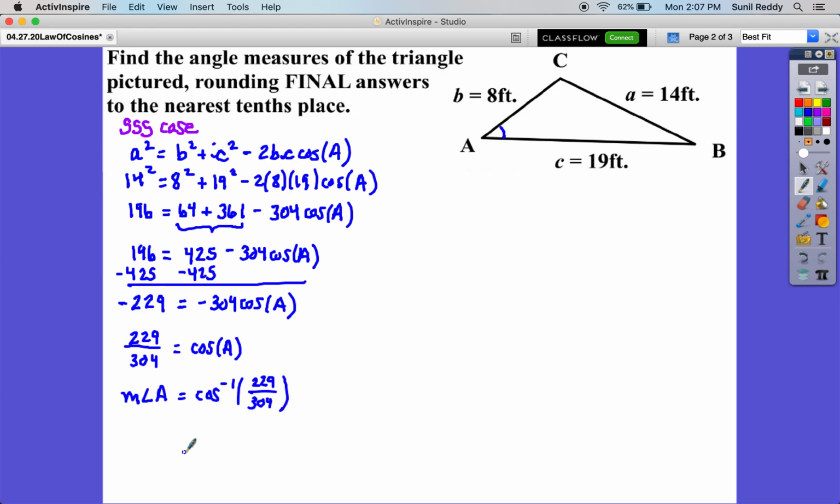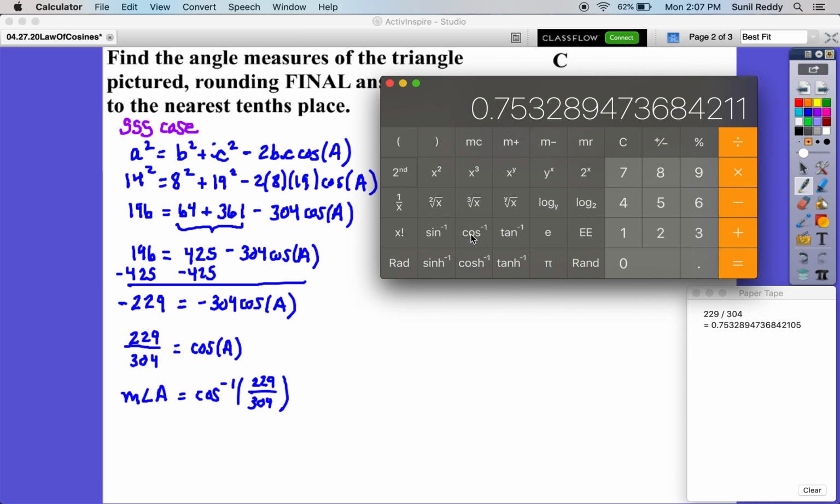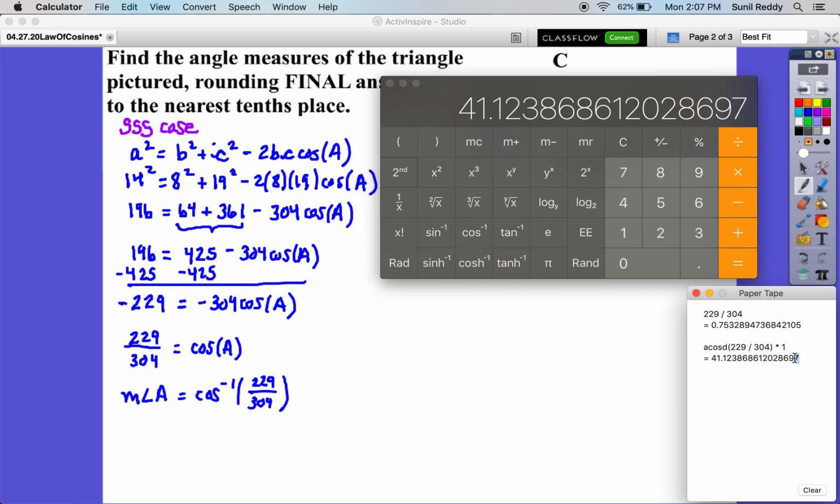And now is when I'll turn to my calculator. So 229 divided by 304. I'm going to take inverse cosine of that, is this 41.1 degree angle if I round to the nearest tenth place.